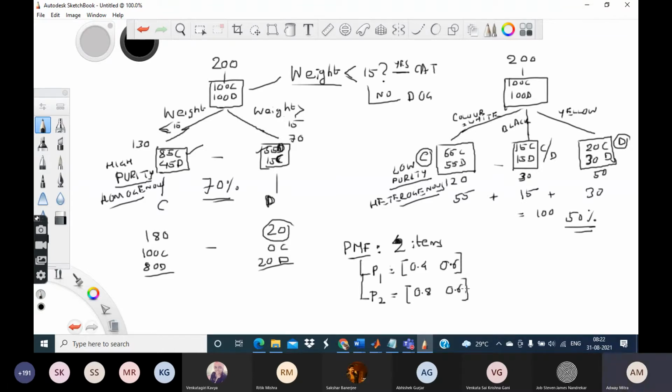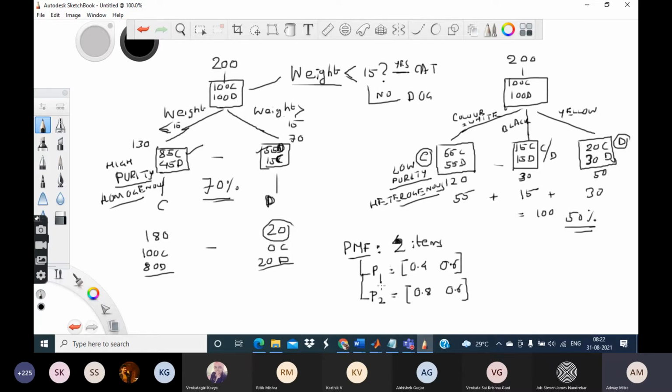Is this fine, what I have written? Sir, the sum should be 1. Right. So for this to be a valid probability mass function, what are the properties of a valid probability mass function?